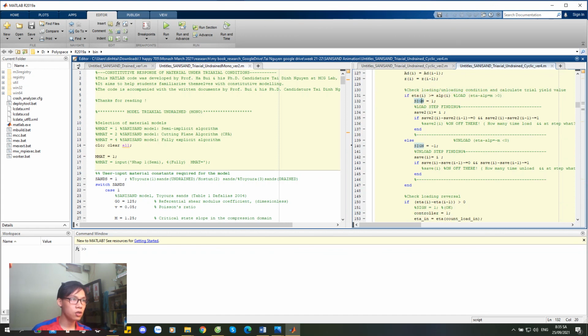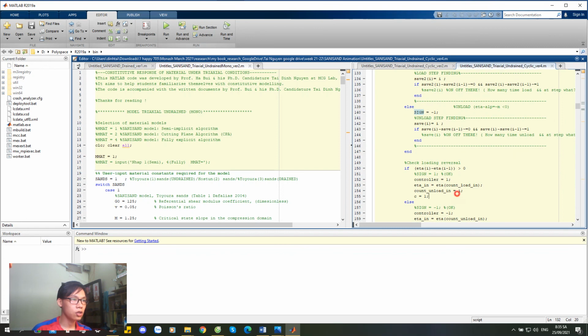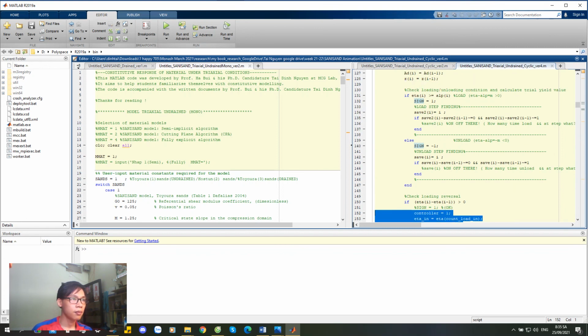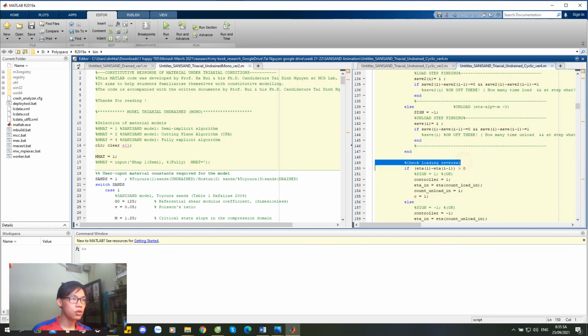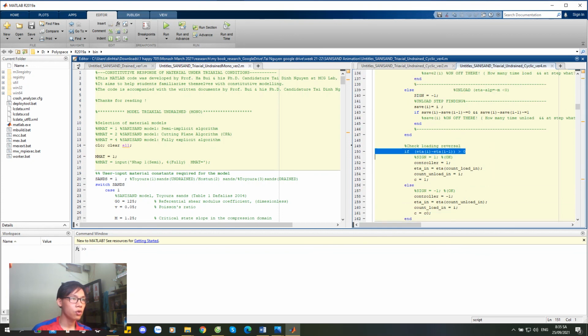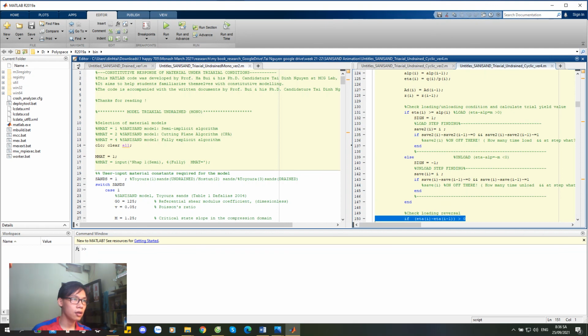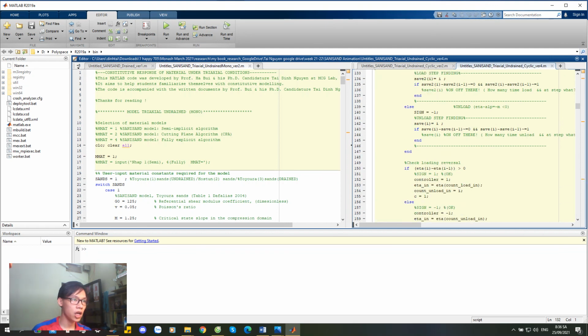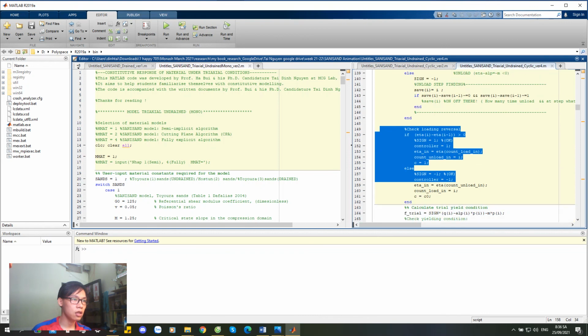We cannot use the sign or the controller like that. Eta and alpha are just on the yield surface. But when you want to check loading reversal, you have to use something different. You have to check eta and alpha, because when we use the eta like that, you get the new alpha, and with the new alpha, this formulation will change. So make sure it's different.